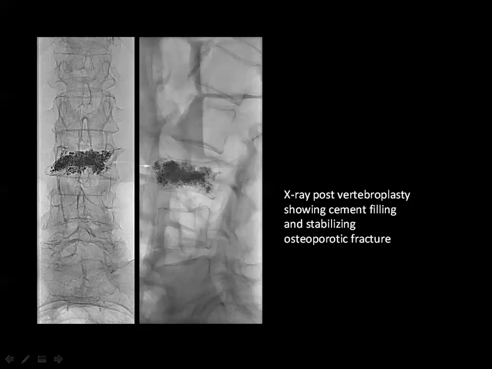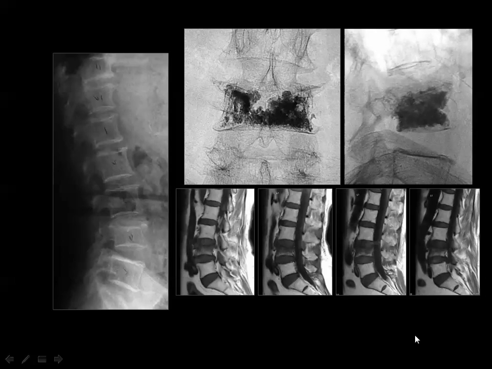Then one of the ways to treat these fractures is vertebroplasty. We inject, guided by imaging, the cement material in order to support the vertebral body, preventing further collapse. And this is an osteoporotic fracture at the L4 vertebral body. It is considered mild.